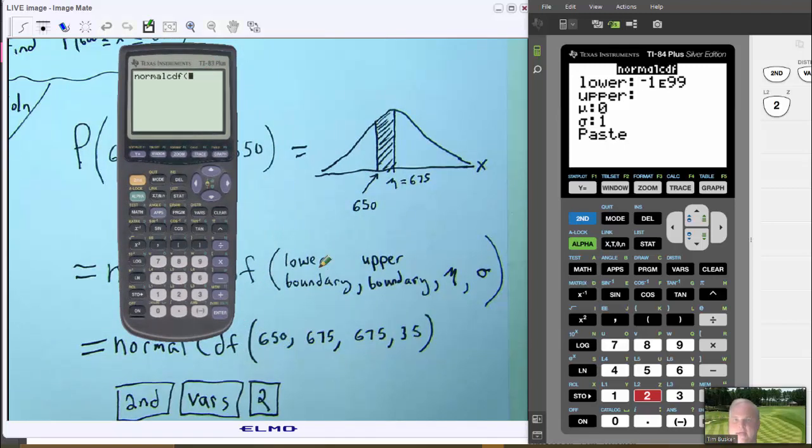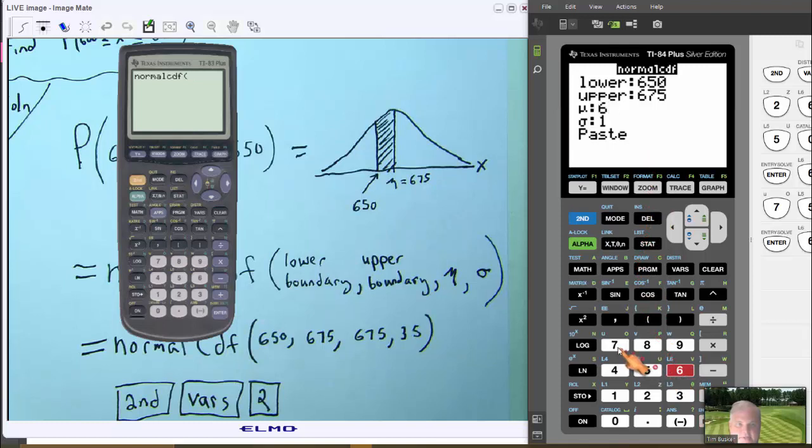If you have this calculator here, for the lower boundary, we tell it 650. Hit enter, and notice that brings our cursor down to upper. Upper boundary is 675. Hit enter. Then tell it where the mean and the standard deviation are.